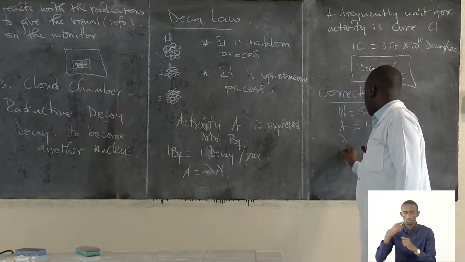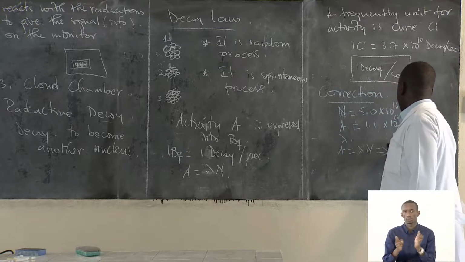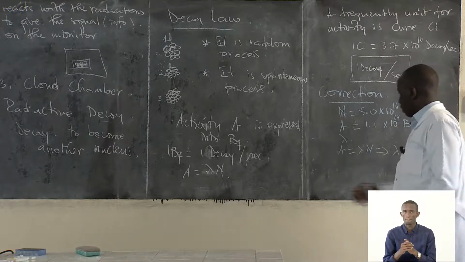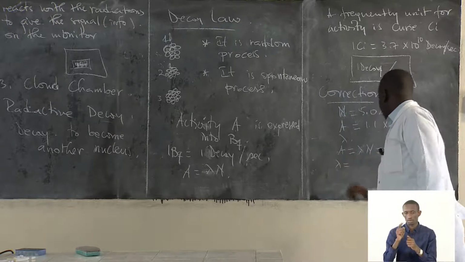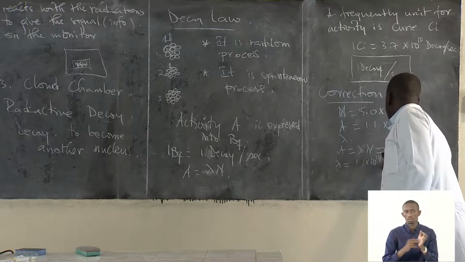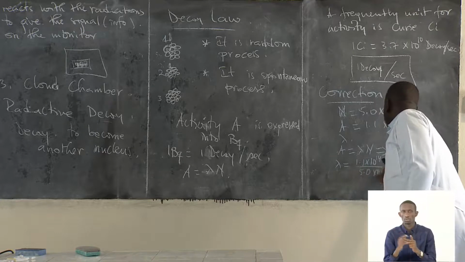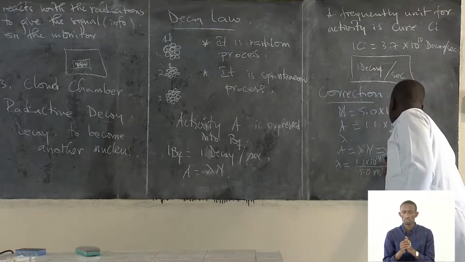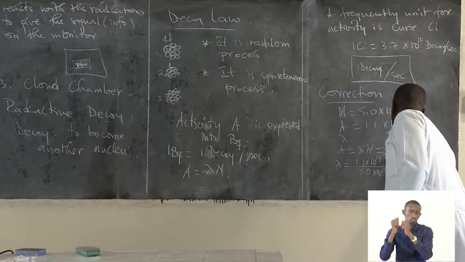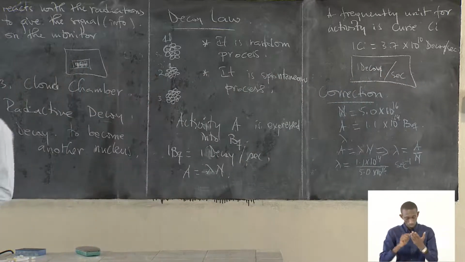You apply the formula whereby activity equals lambda times N, which gives lambda equals activity over N. So let's substitute: lambda equals 1.1 times 10 power 14 over 5.0 times 10 power 16, in units of per second, second power minus 1. Can you calculate and find the answer?